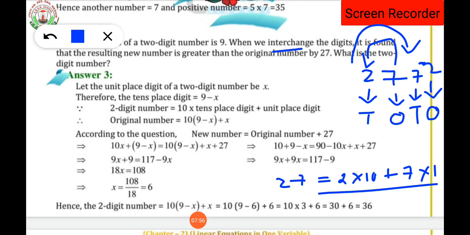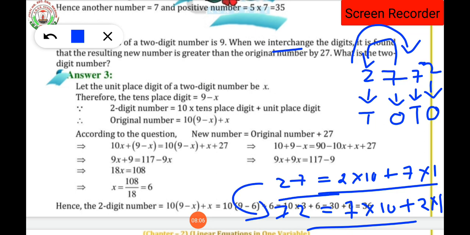So the expanded form of 72 will become how much? That is 7 into 10 plus 2 into 1. ऐसा ही होगा ना दोनों का expanded form. When we interchange the ones place value to tens and tens place value to ones, the number 27 will become 72. है ना, ऐसे ही होगा. सेम इसी तरह का ये एग्जाम्पल मैंने समझाया है, इसी को हमको इस क्वेश्चन पे अप्लाई करना है.